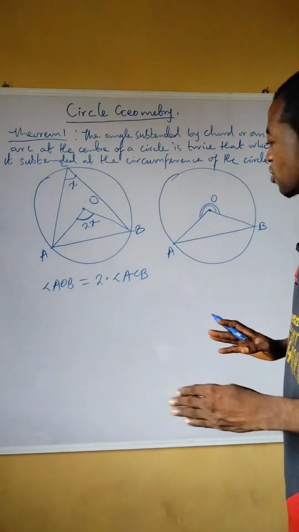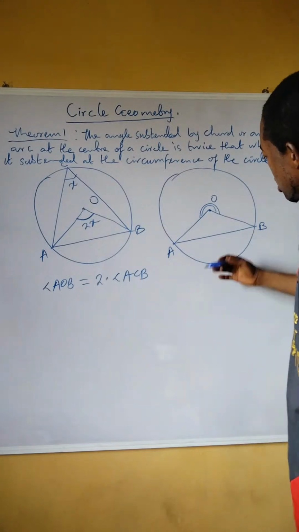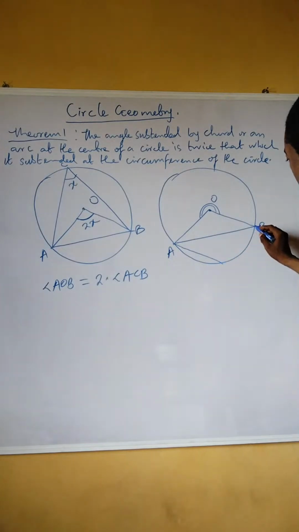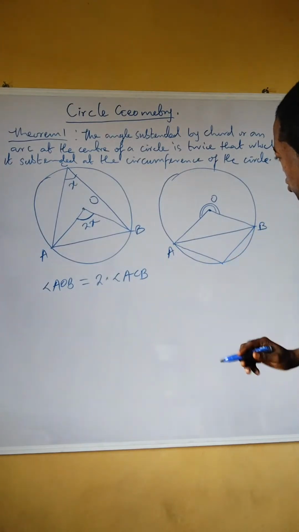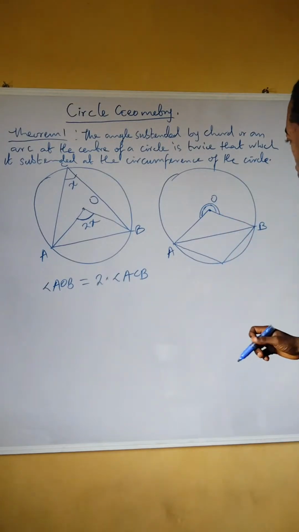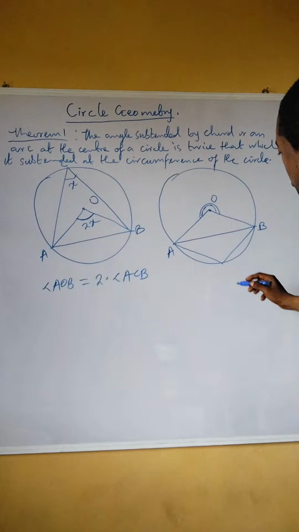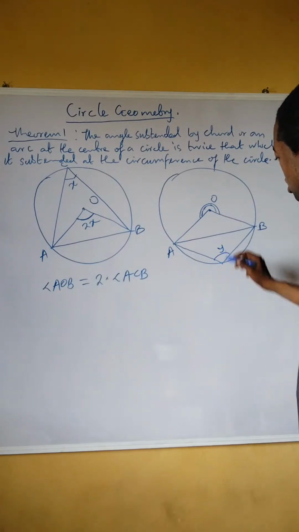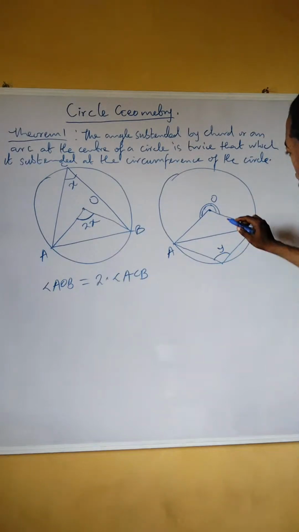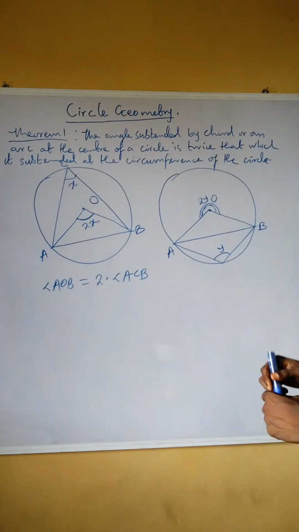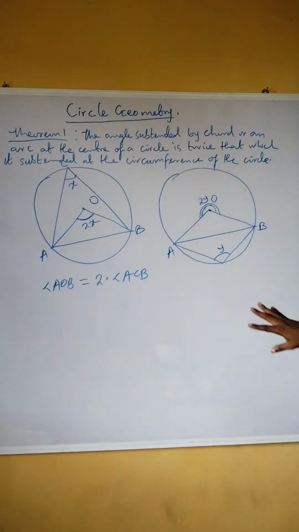It also has the angle at the circumference, and that will be at this minor segment. So if the angle at the circumference is y, then the angle at the center here will be 2y. So we have this for the first theorem, which is theorem 1.